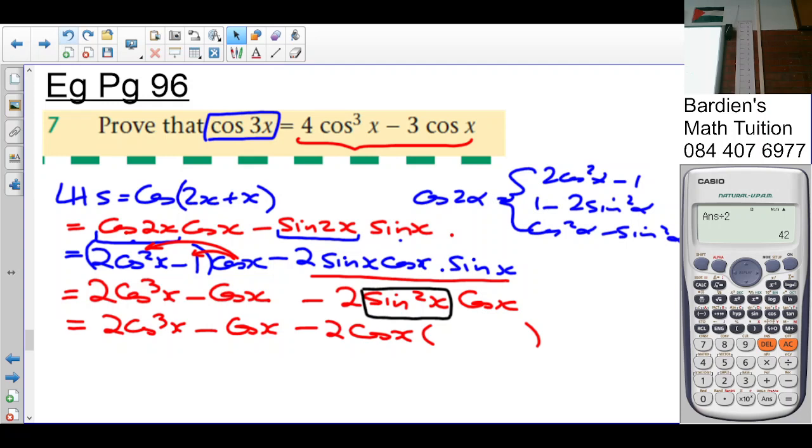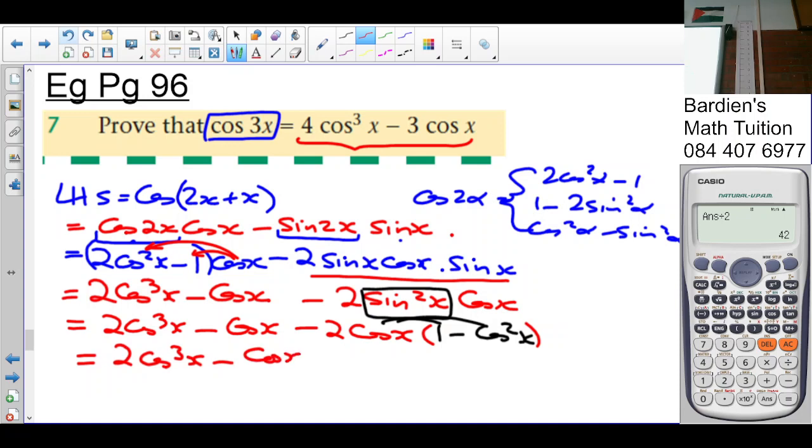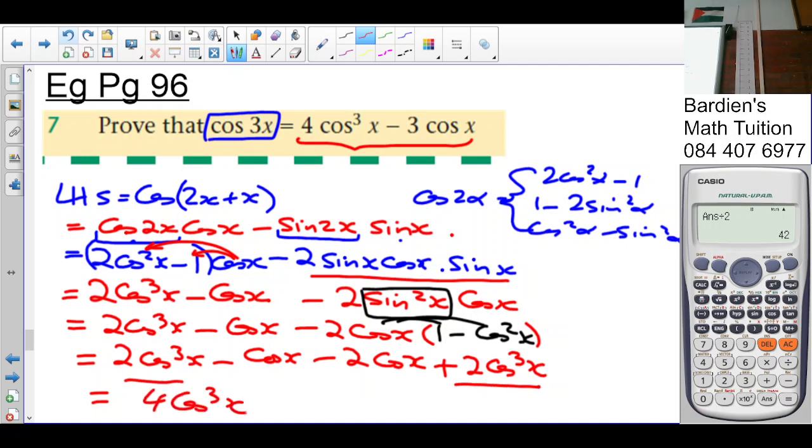So what do we get? 1 minus cos squared. Now what do we do? We get rid of the bracket and multiply. So we get 2 cos cube x minus cos x minus 2 cos x plus 2 cos cube x. Now what do we do? Add like terms. So that one and that one are like terms, so it's going to be 4 cos cube x.